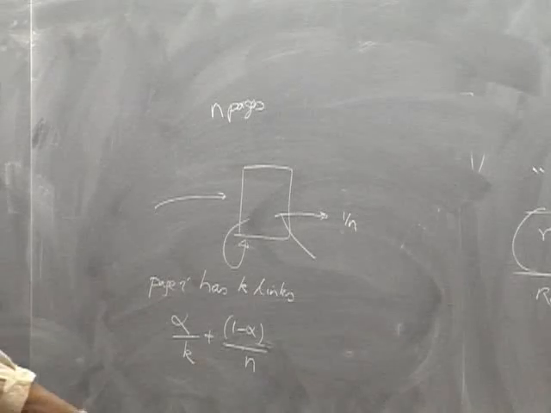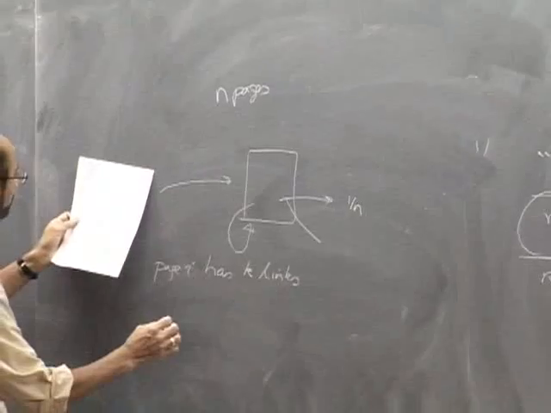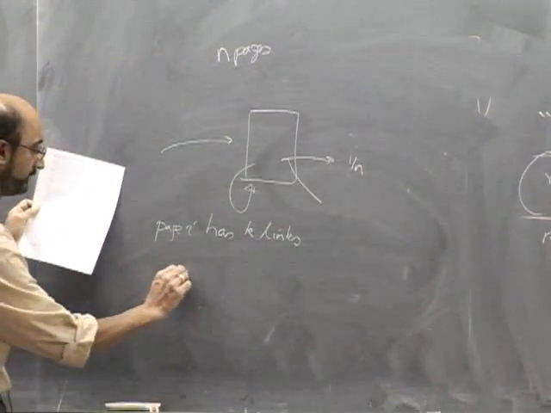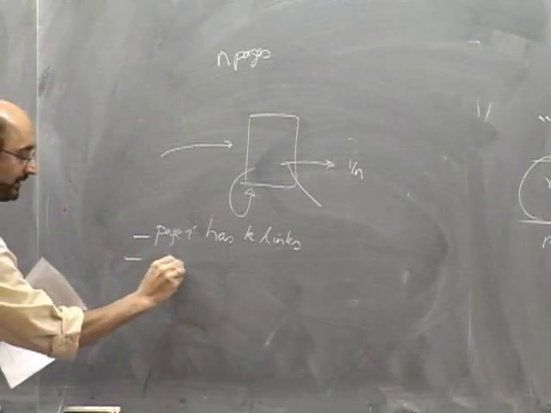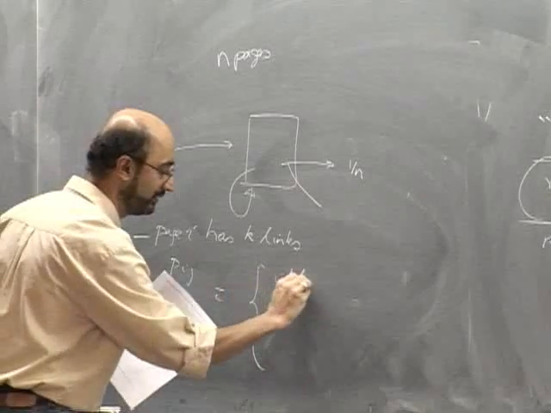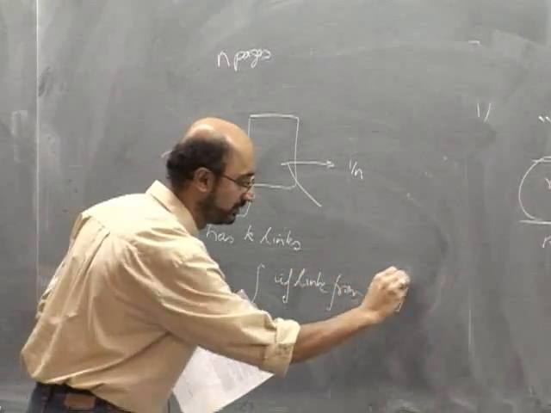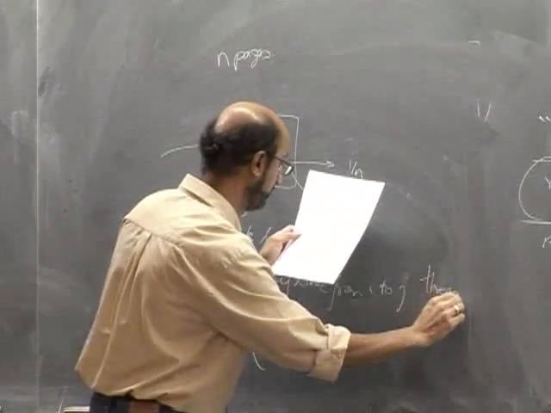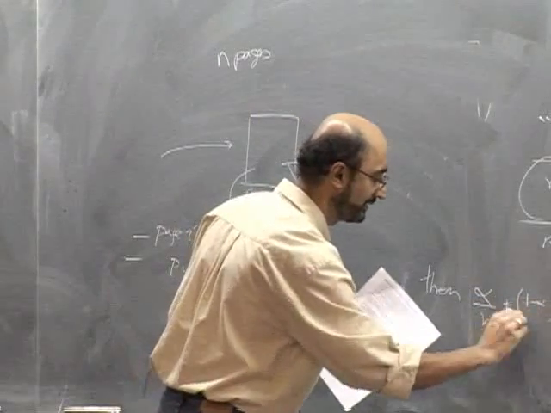Or more precisely, I should probably use my notes here and tell you that the probability of going from i to j, where page i has k links, P_ij, is given by: if there is a link from i to j, then alpha over n plus (1 minus alpha) over k.